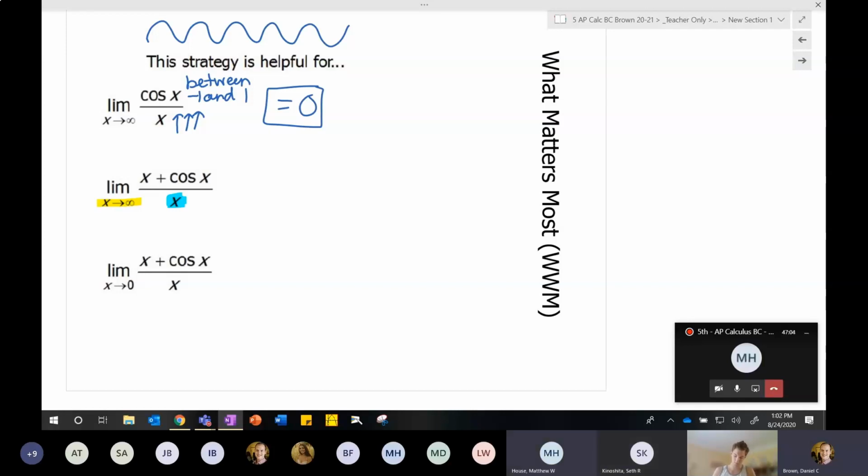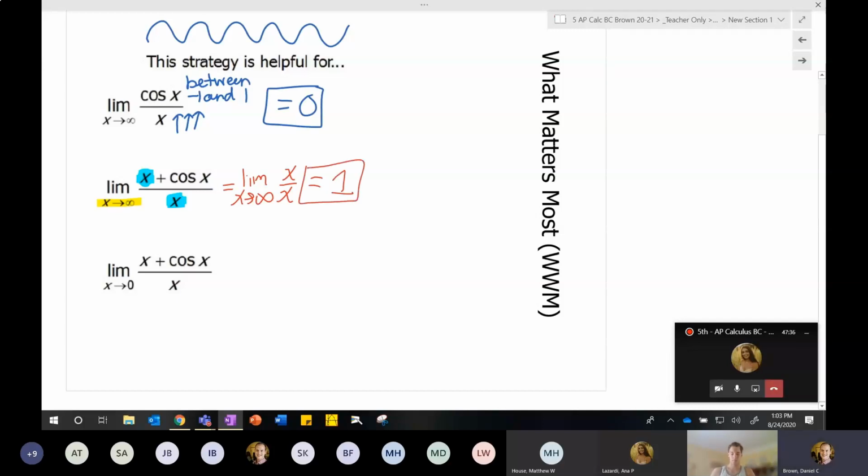Cosine is stuck between -1 and 1. X, though, is always going to increase. So the end behavior model for this one is technically the limit as x goes to infinity of x over x. So the limit of the second one is going to be equal to what? 1. They both cancel out and we are left with 1.